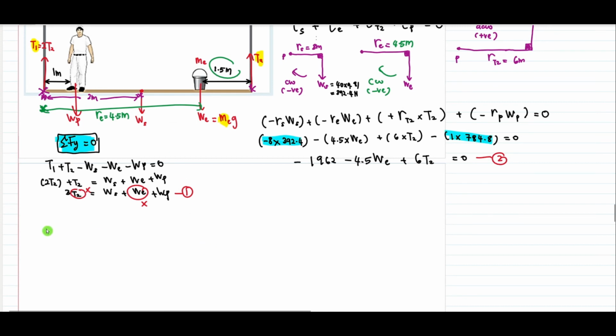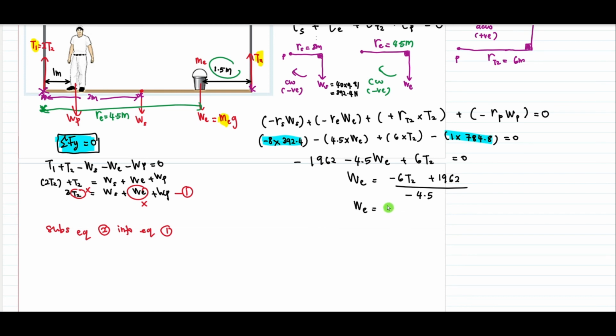Okay, so substitute equation number 2 into equation number 1. I want to adjust equation number 2 a little so that I get WE. I write WE equal to negative 6T2 plus 1962 divided by negative 4.5, so that it is easy to substitute into equation number 1.